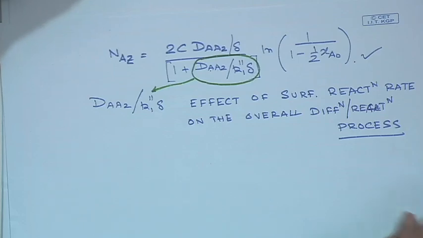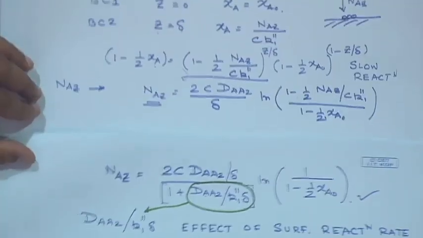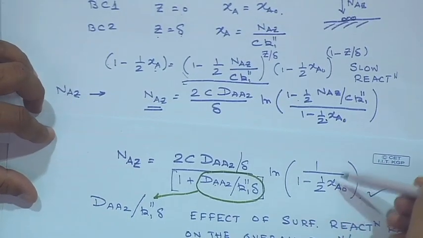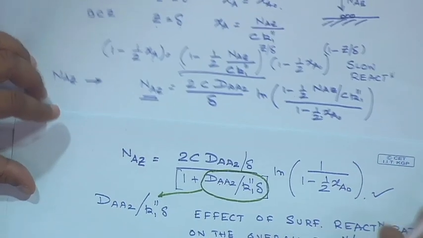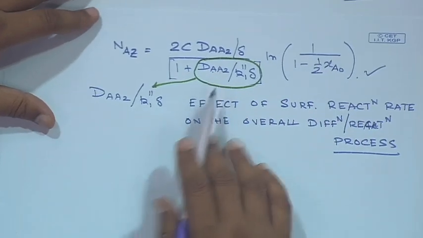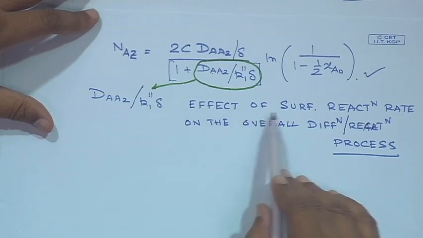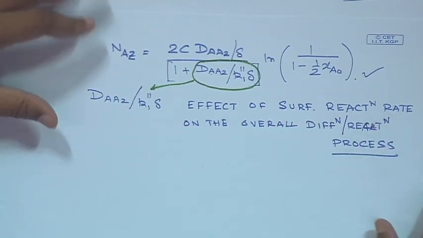Because if this is equated to 0, then the expression becomes identical to this one. So, therefore, the dimensionless form d A2 by K1 double prime delta denotes the effect of surface reaction on the overall diffusion reaction process.